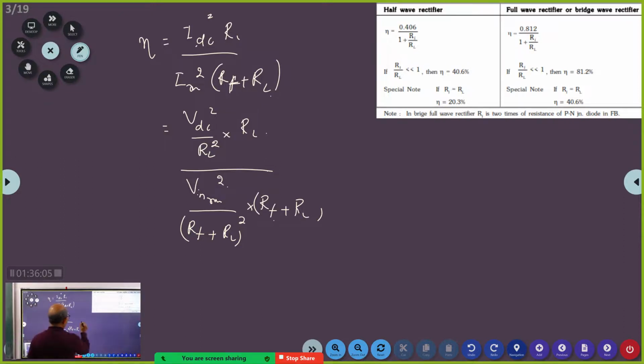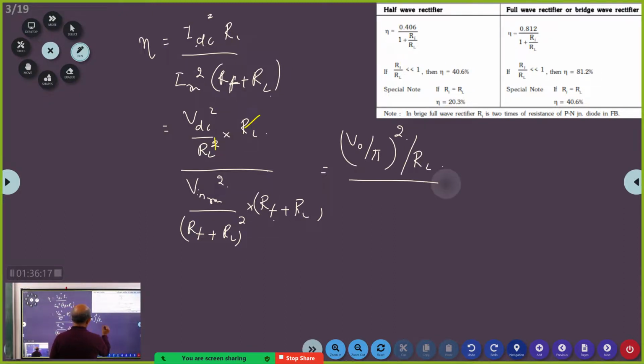Now, what is VDC for a half wave rectifier? It is V0 by pi, its square. And one RL and one RL will go, so you will be left with one RL in the numerator. What is V in RMS square?